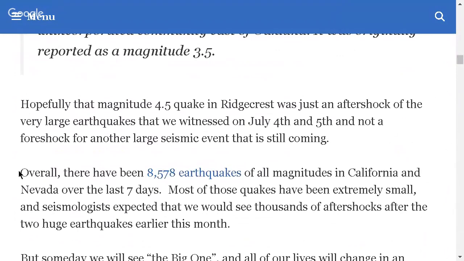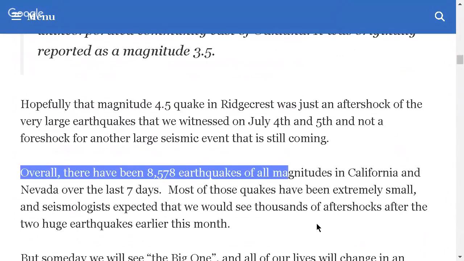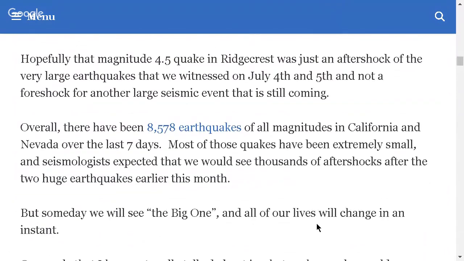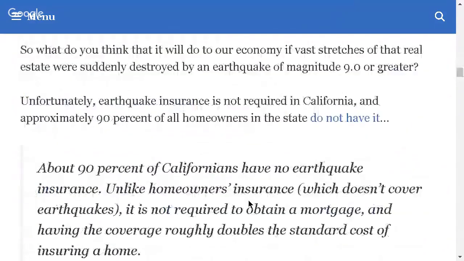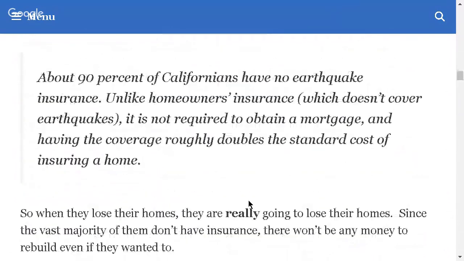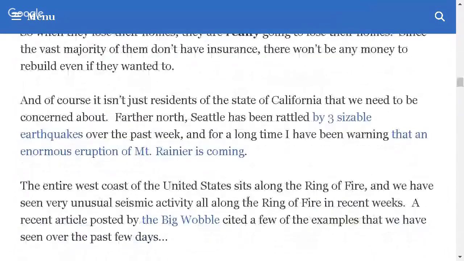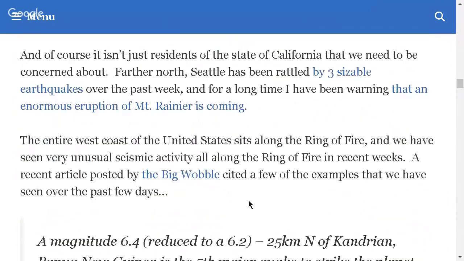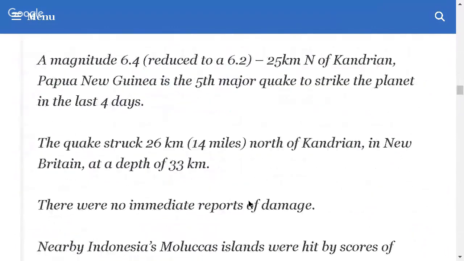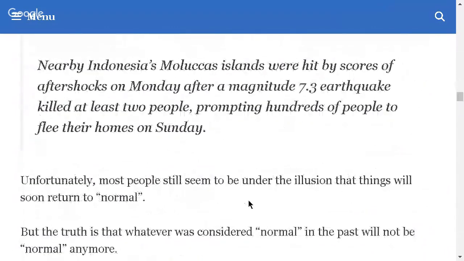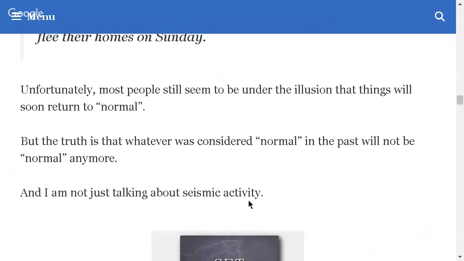As of the 16th, there were over 8,500 quakes of all magnitudes in California and Nevada. And what we're worried about is the big one, folks, because if the U.S. gets a 9+ magnitude earthquake, especially in a place like California, which contains 1/3 of the real estate value of the whole country, let's just say it would be less than advantageous for the U.S. economy.